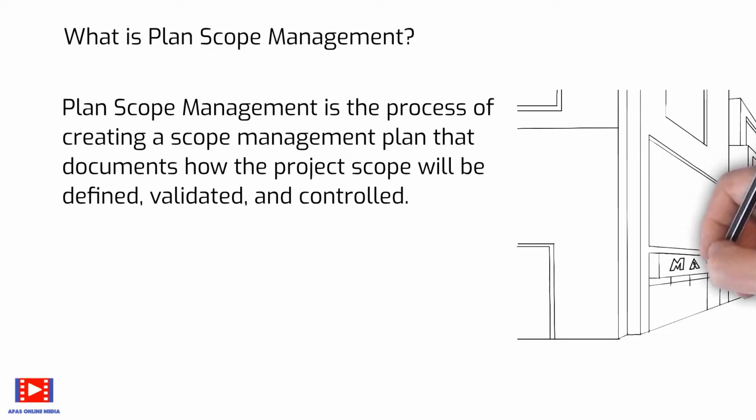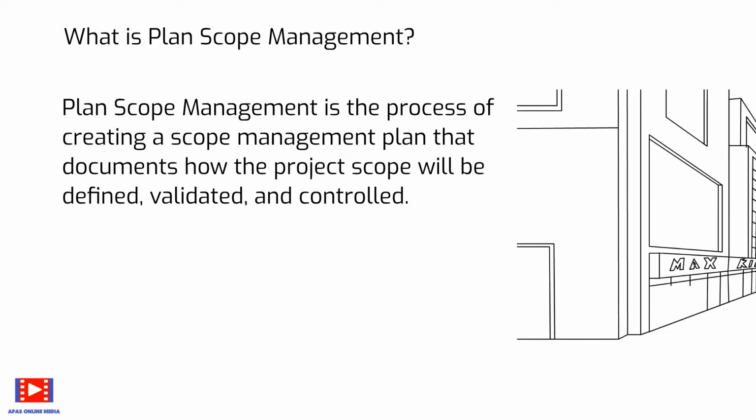The project charter is used to provide the project context needed to plan the scope management processes. It provides the high-level project description and product characteristics from the project statement of work.